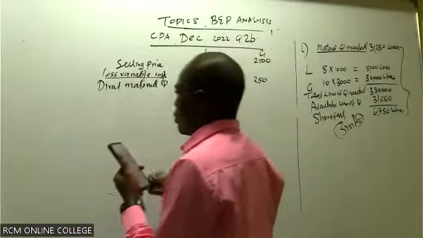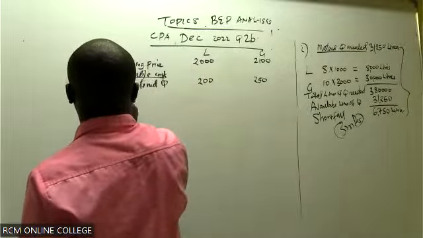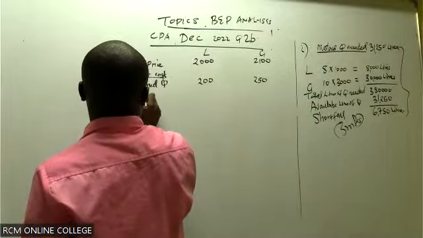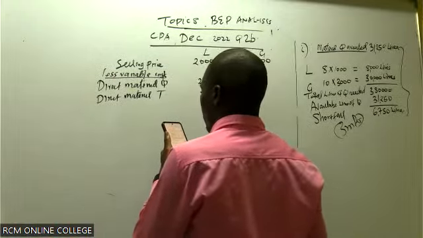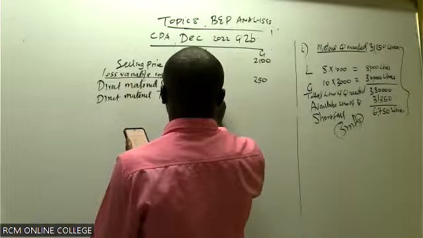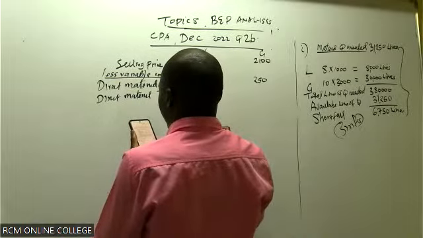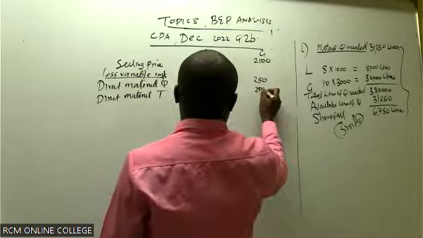Then we have material T. For them to produce 1 unit of L, they're going to spend a total of 200.